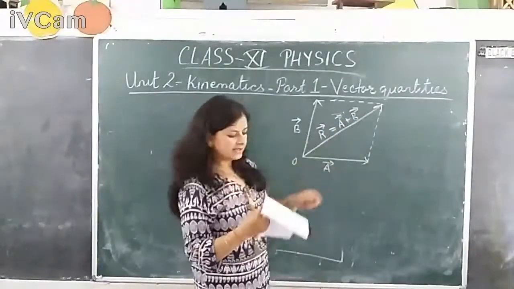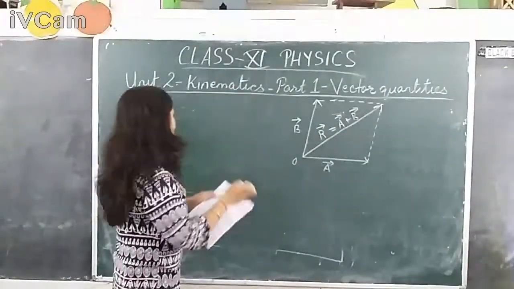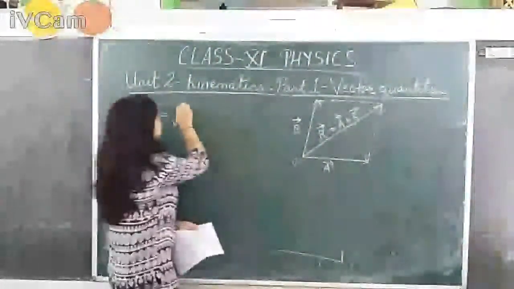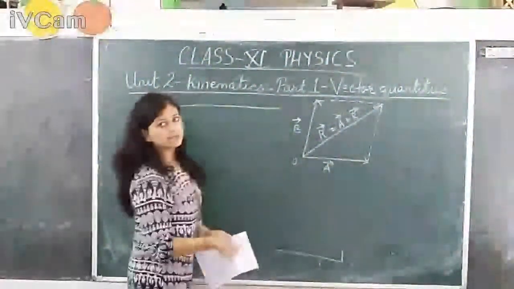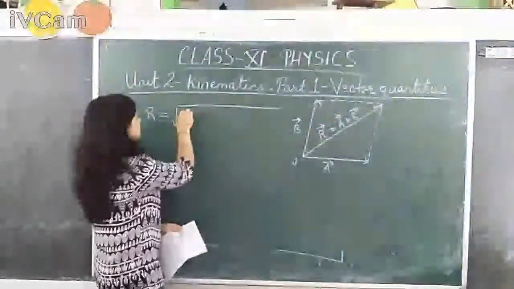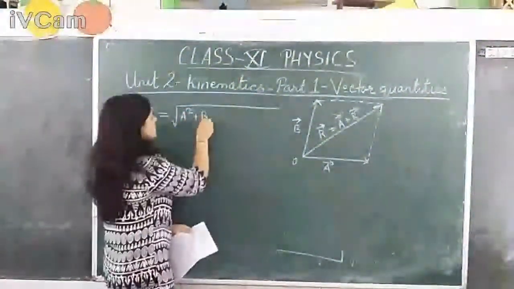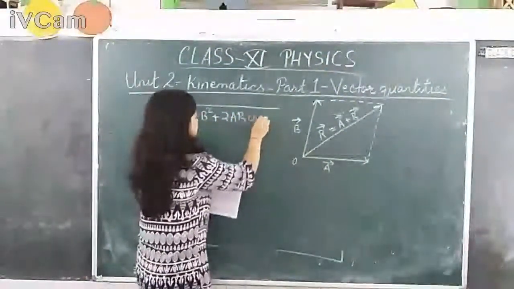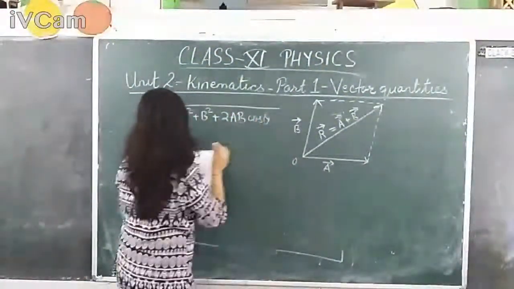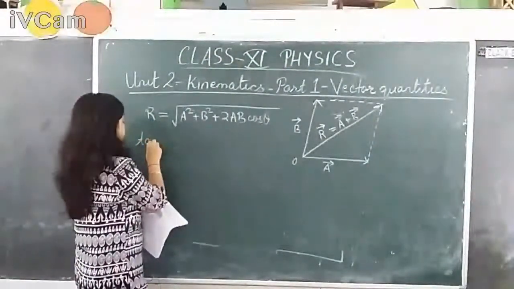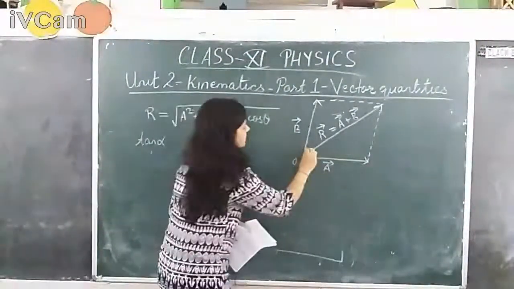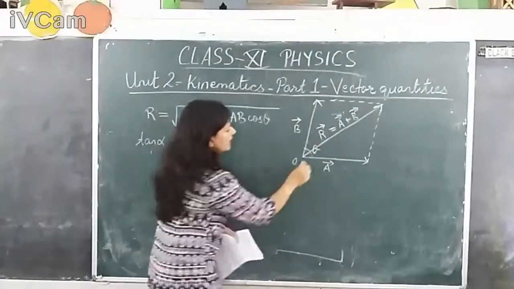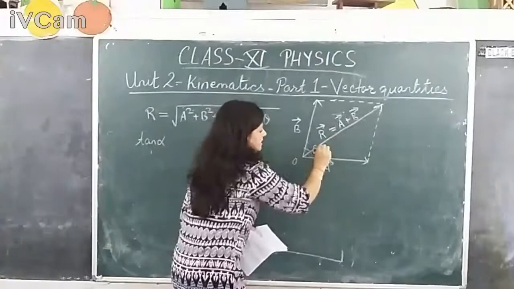So this is our resultant. And the value of R will be the same as you had deduced in the previous theorem. It is R = √(A² + B² + 2AB cos θ). This is the magnitude, and the orientation is tan α, where θ is the angle between A and B. So this big angle is θ, and α is the angle which this resultant makes with the first vector.